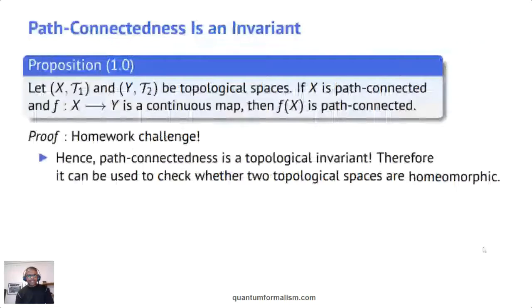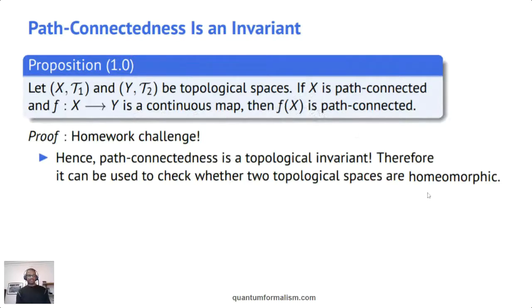Now, here's a proposition. This proposition shows that path connectedness is a topological invariant. Given two topological spaces, X and Y, if X is path connected and f is a continuous map from X to Y, then the image of X is path connected.